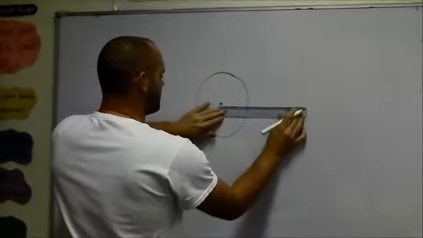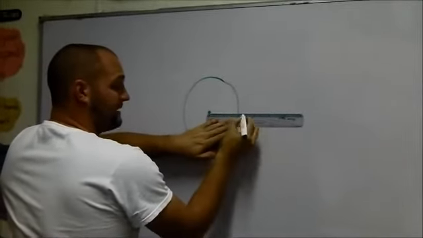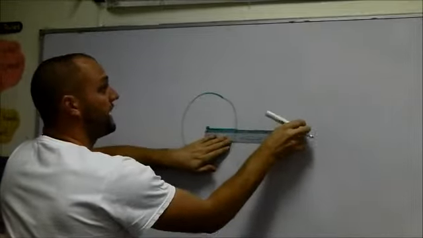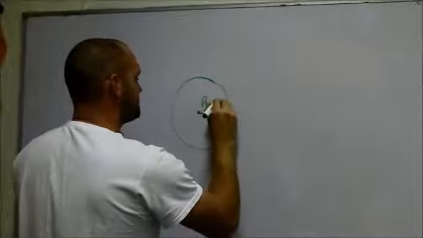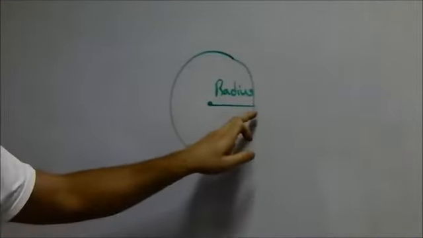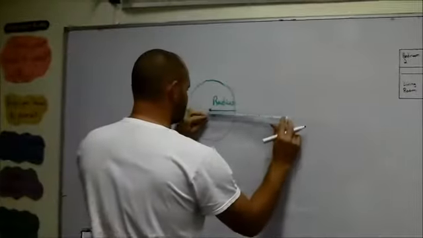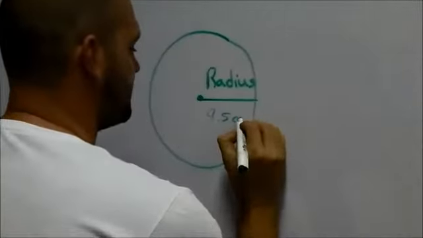So you take your ruler, and measure from this line out to the edge here, and that's called our radius. Our radius, guys, is this little line from the center point out to the edge of the circle. If I want to measure that, I say, oh, look at that, it's 9.5 centimeters.